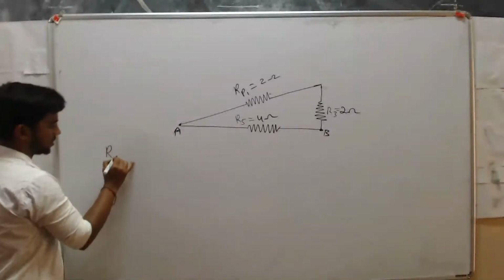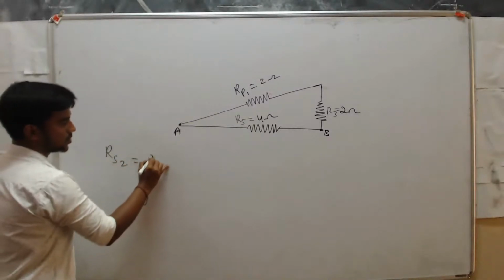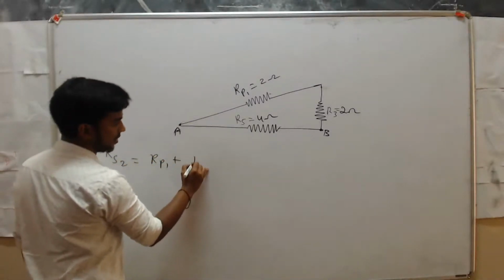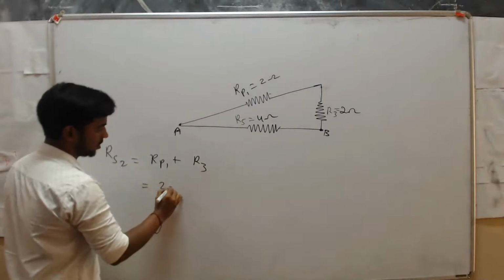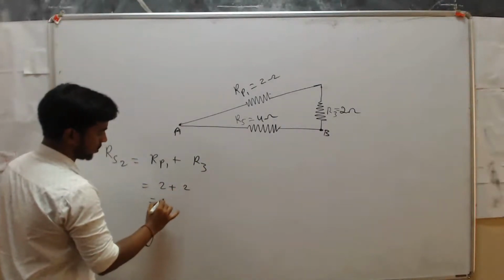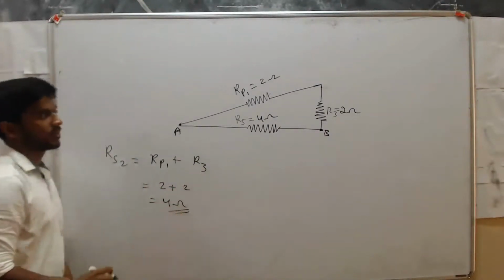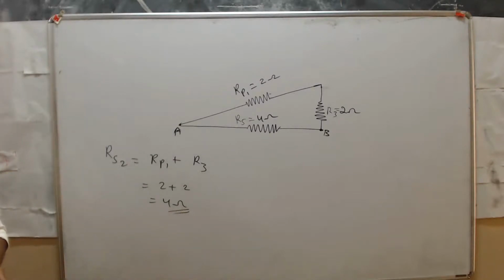Now I take RS2 equal to RP1 plus R3, that is 2 plus 2 equals 4 ohm.